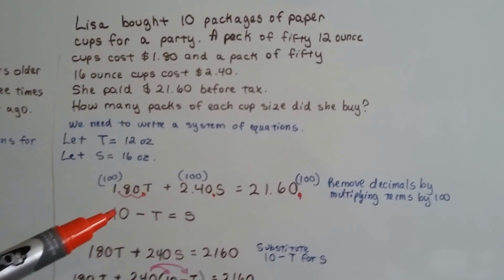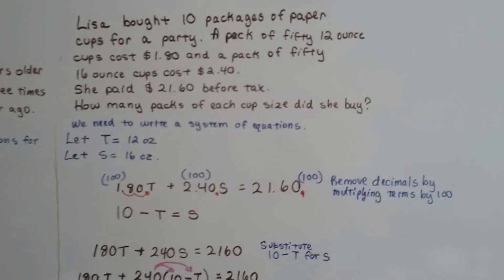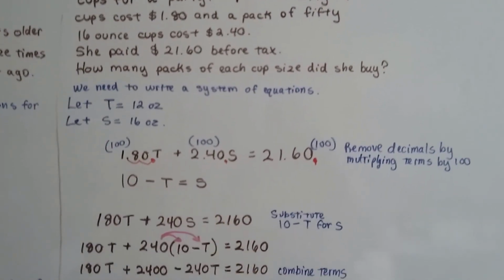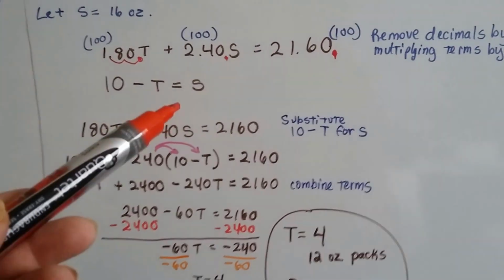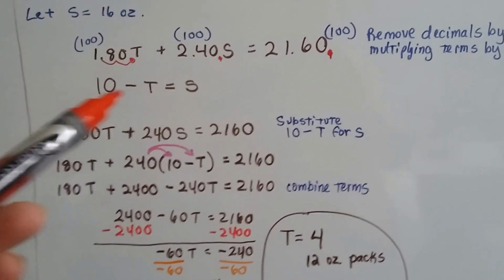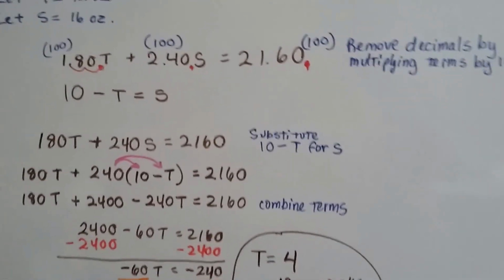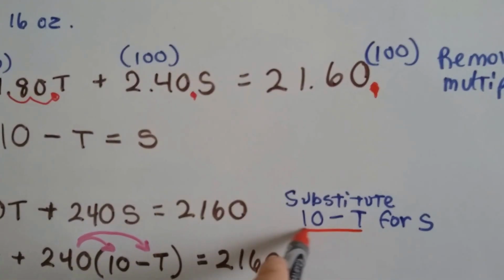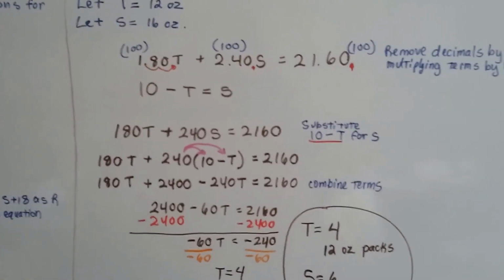If her total was 10, we could have also said S plus T equals 10, couldn't we have? But I decided to go in the subtraction route, all right? Because that'll tell us what S is. And then we can solve for S and use 10 minus T to represent S, can't we? So we're going to substitute the 10 minus T for S, all right? That's why I wrote it as subtraction, all right?